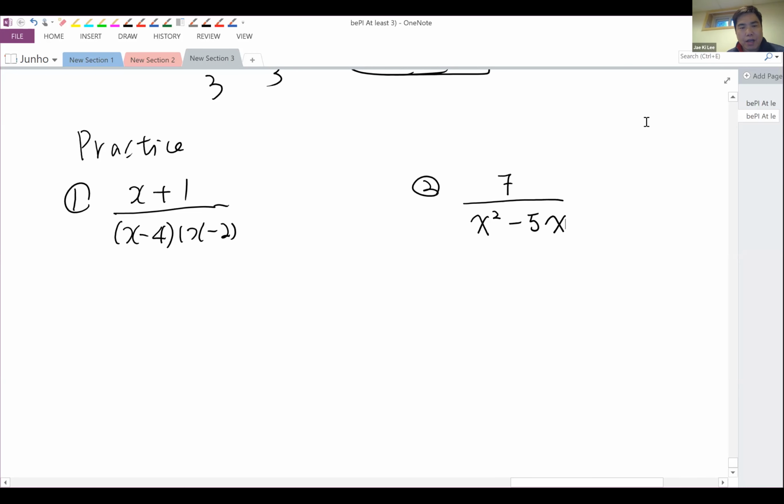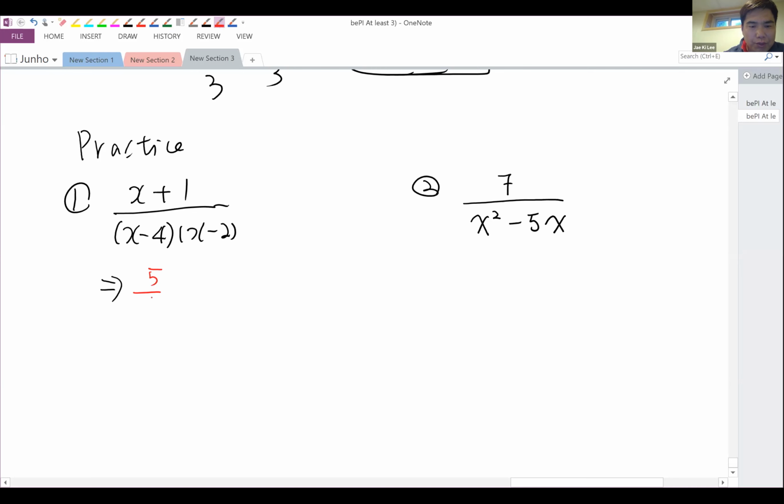Did you find the partial fraction for number 1? Yes. Okay, so what did you get? I got a equals 5 over 3 and b equals negative 3 over 2.